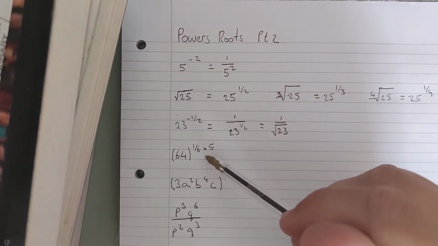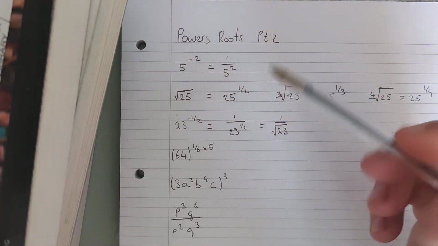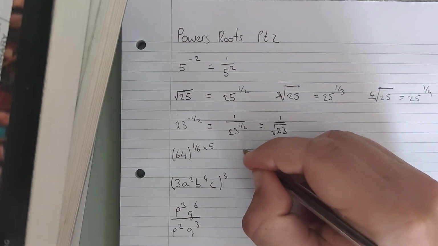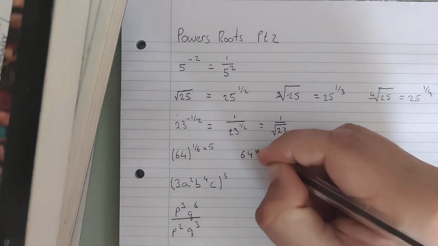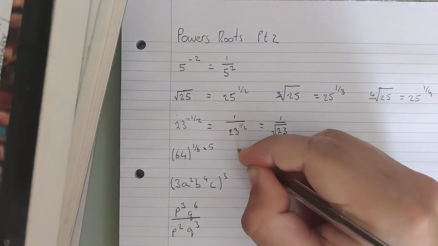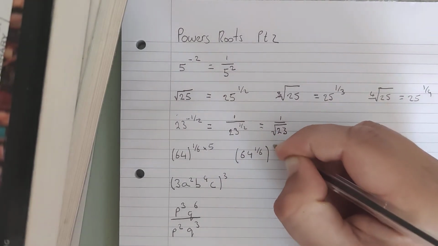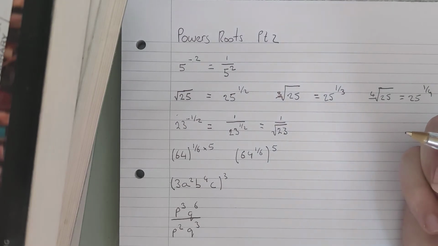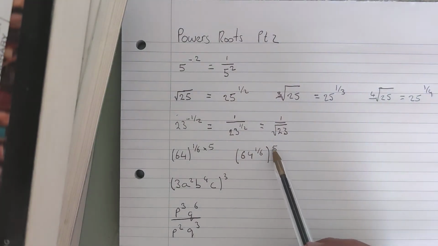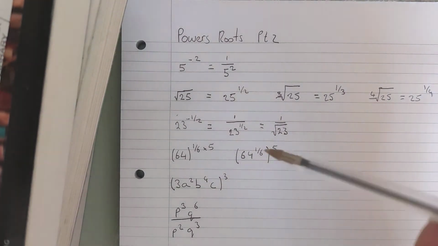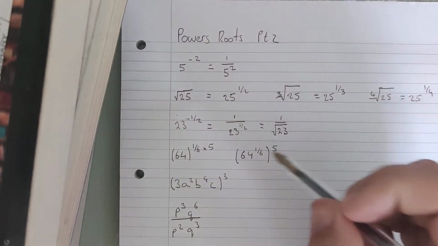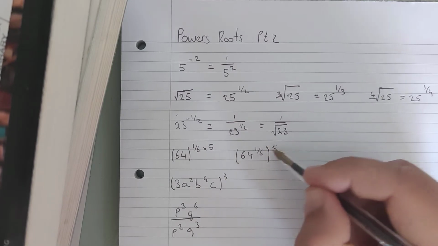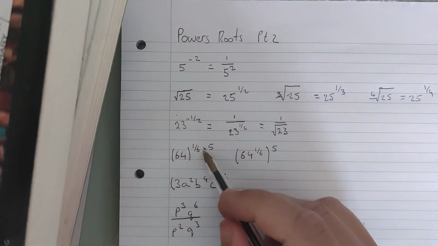Here what you can do is take a sixth inside the bracket: 64 to the power of a sixth, all to the power of 5. And the reason this is the same thing, from our previous rules that we learned, is that when you raise a power by a power, they multiply.